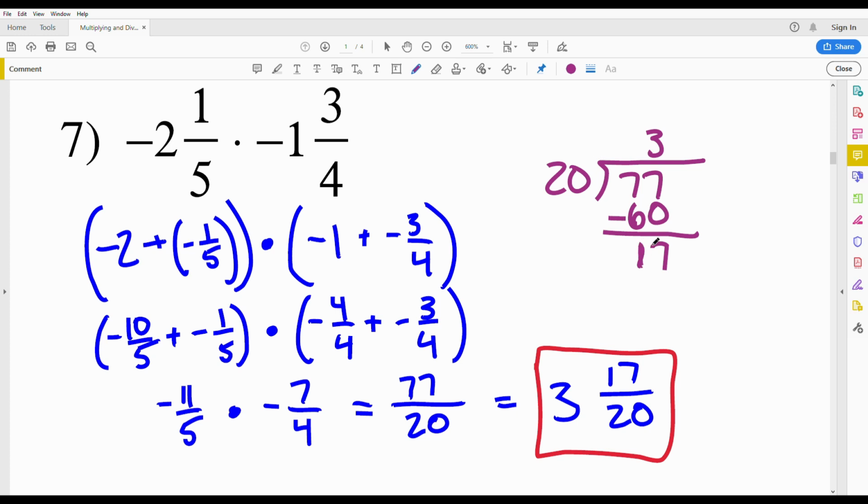And 20 can't go into 17, so I know that I have 3 with a remainder of 17. So my R, or my remainder, is 17. So 3 is the whole number, and 17 out of 20, 17 being that remainder, when I tried to divide by 20. 3 and 17/20.